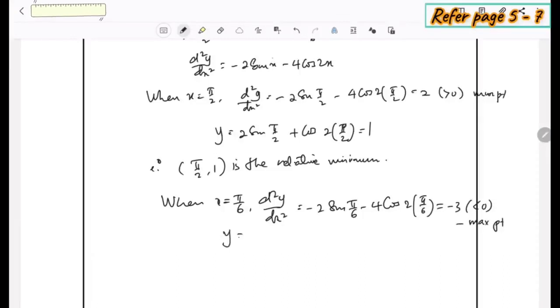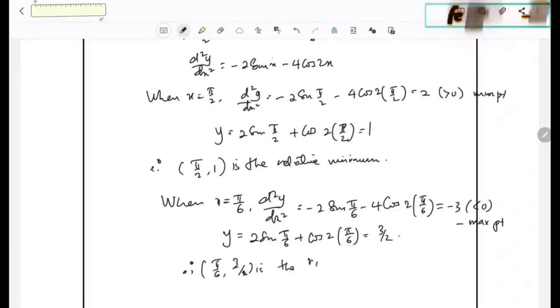Find the corresponding value for y: 2 sine of pi over 6 plus cos of 2 times pi over 6. So we have this to be 3 over 2. Hence pi over 6, 3 over 2 is the relative maximum.